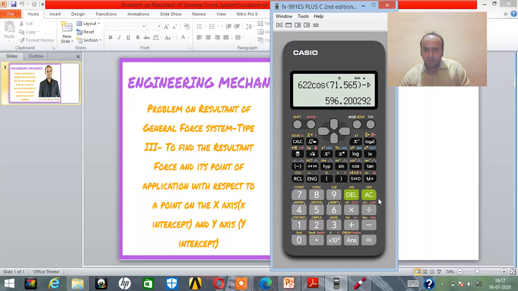So here it will be 622 sine of 71.565 minus 722 sine of 56.31 minus 1000 sine of 36.87 is equal to minus 610.66.